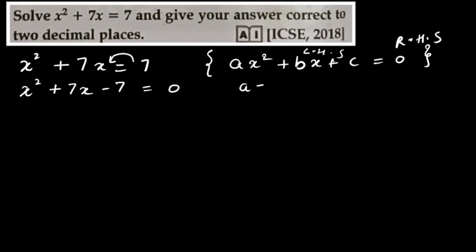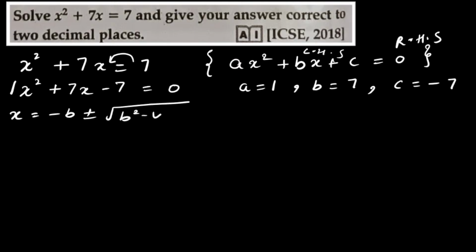So let's write down the values of a, b, c now. So a is 1, the coefficient of x square. b is the coefficient of x, the number which is written with x, that is 7, and c is the constant. c is equal to minus 7. So x is equal to minus b plus minus square root of b square minus 4ac by 2a.